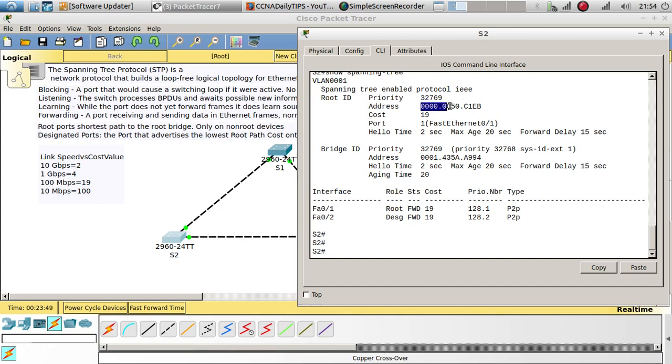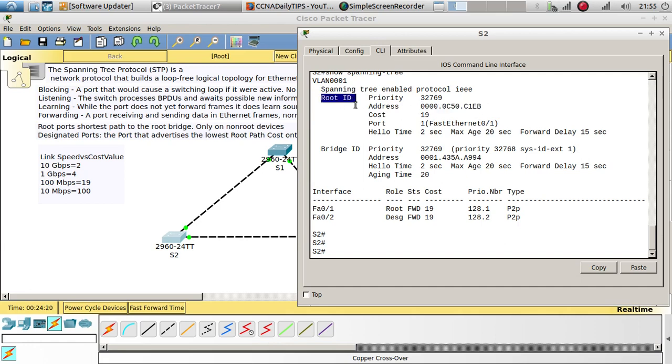And the MAC address of the root bridge is this one. And the bridge ID, which is the ID of this local switch 2, has a priority of 32769, which is the same as the root bridge, but since the MAC address of the root bridge is lower than switch 2's, this one wins.